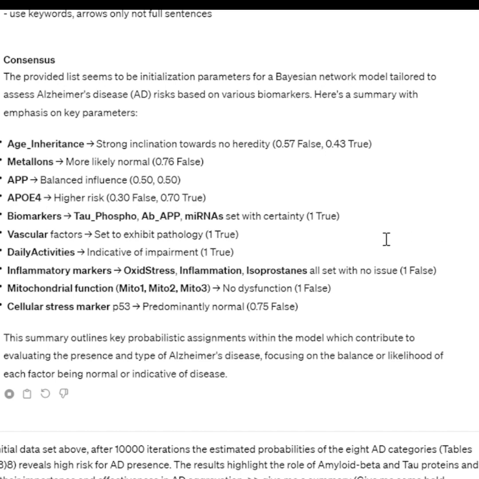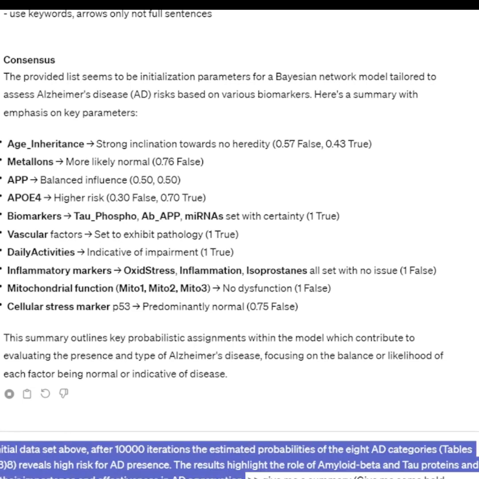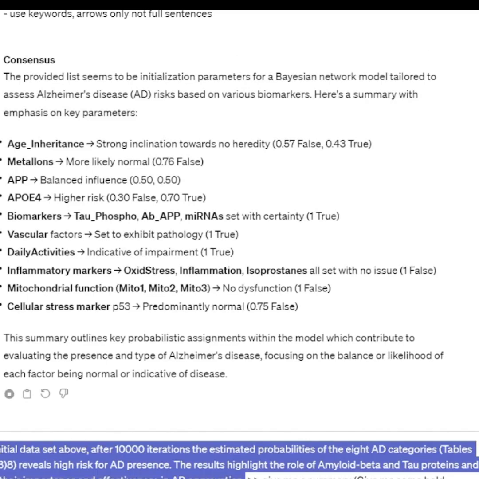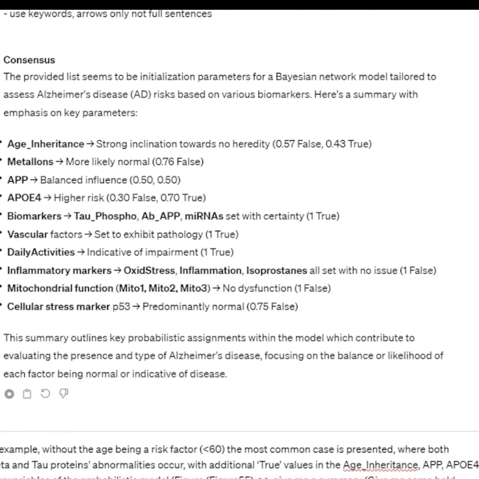Cellular stress marker, P53, predominantly normal, 0.75 false. This summary outlines key probabilistic assignments within the model which contribute to evaluating the presence and type of Alzheimer's disease, focusing on the balance or likelihood of each factor being normal or indicative of disease.